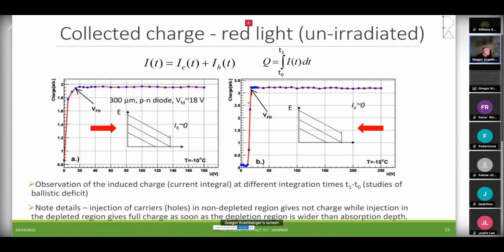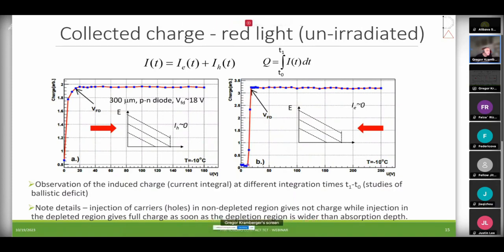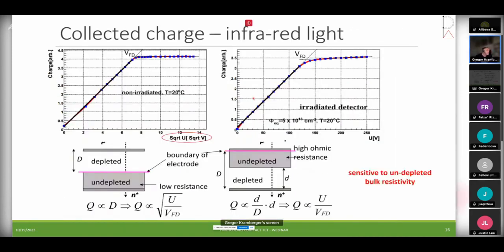And then maybe more interesting is if you look at the hole injection, so you inject from the back and you can clearly see you get no charge as long as the device is not depleted, so when the electric field touches your back, then you get the full charge. So this is a very nice way of knowing when exactly your device is fully depleted.